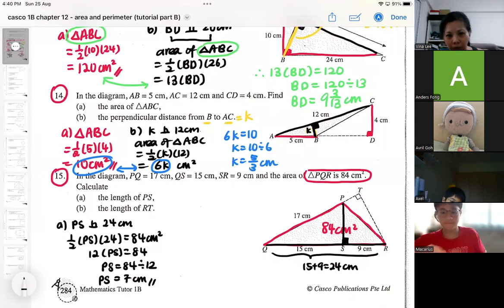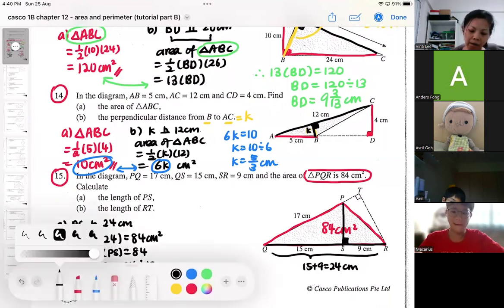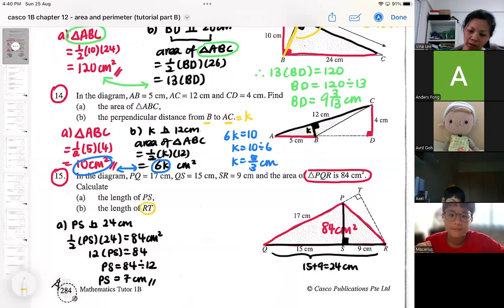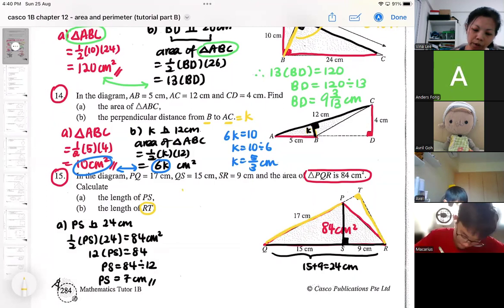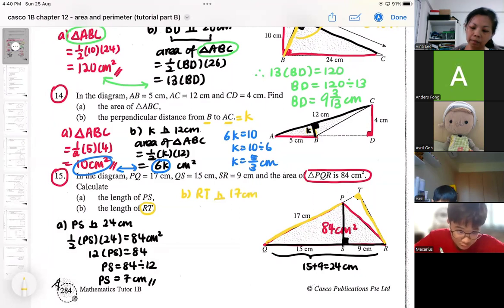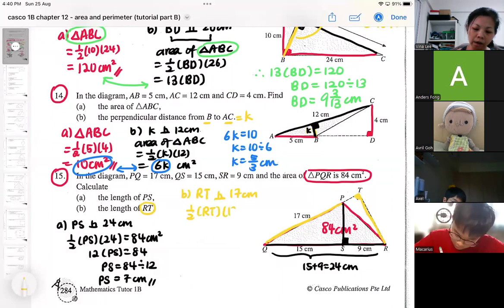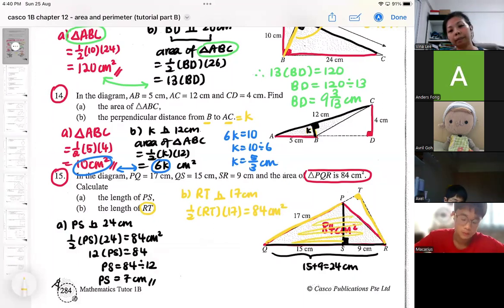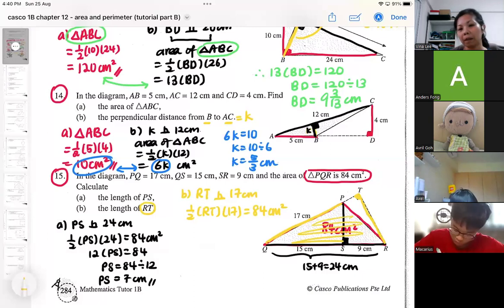The last part again is the perpendicular idea. They wanted me to find RT. RT is perpendicular to 17, meaning if I use half RT times 17, I will get the same area, because it's still perpendicular.